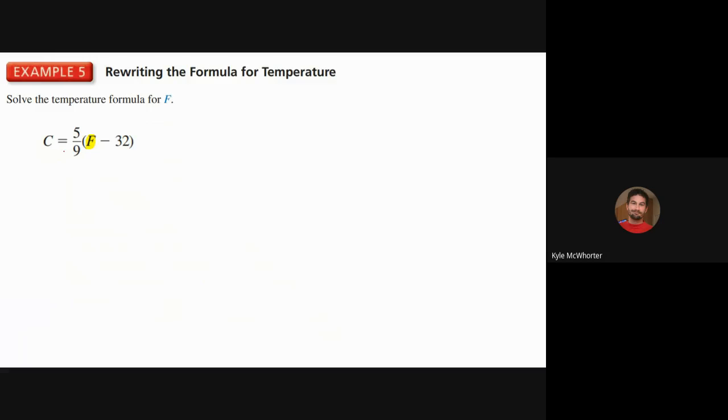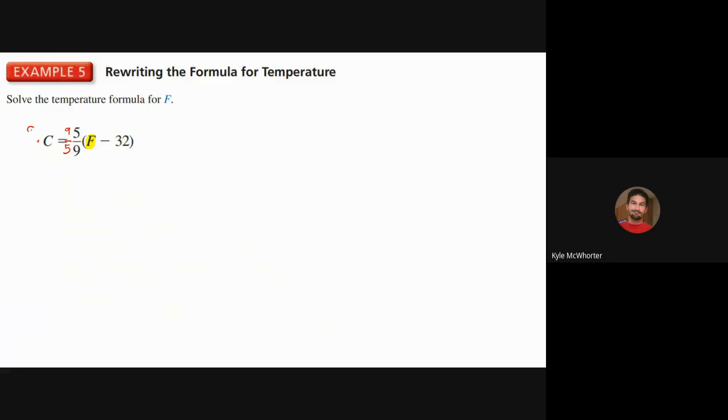So what we have to do first is get rid of the 5/9 because the 5/9 is affecting that subtraction in there. The way we can do that is remember, anytime you have a fraction multiplier, you can get rid of that by multiplying by the reciprocal. So the reciprocal of 5/9 is 9/5.